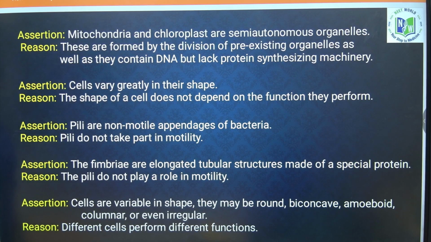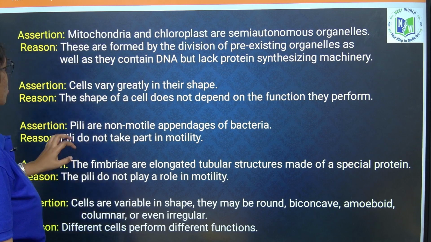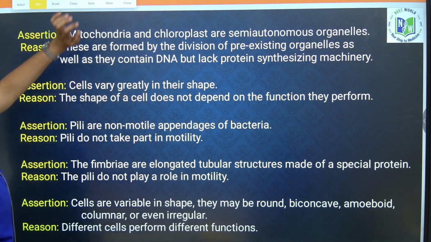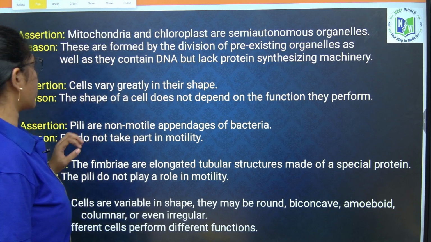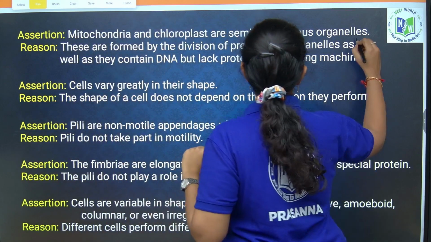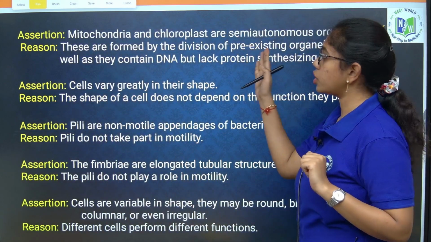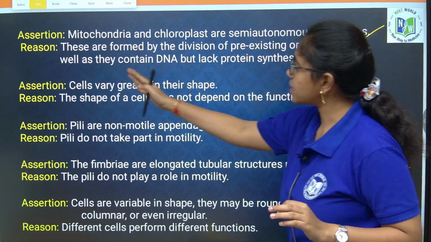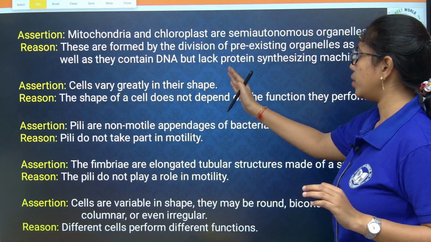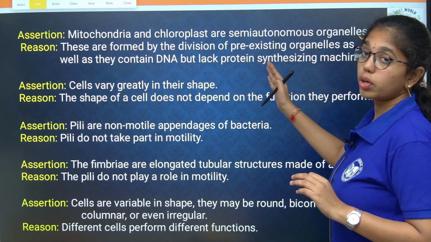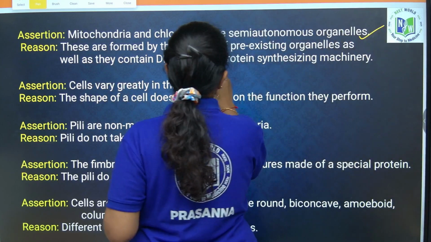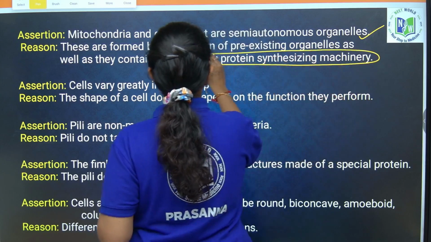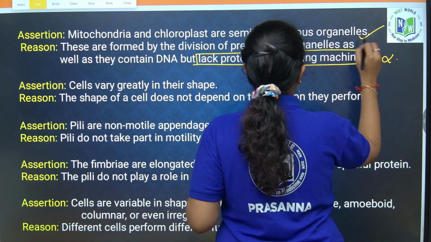If you see here, assertion: mitochondria and chloroplast are what? Semi-autonomous organelles. Mitochondria and chloroplast are semi-autonomous organelles. These are formed by division of pre-existing organelles, correct? As well as they contain their own DNA but lack protein synthesis. No, they do not lack the protein synthesis machinery. This is wrong.